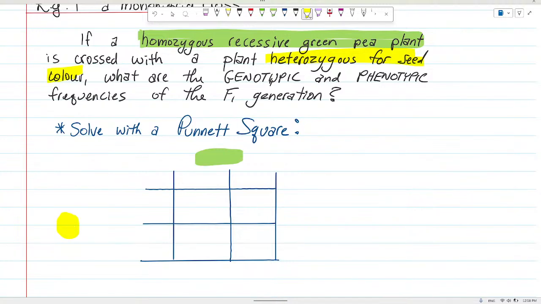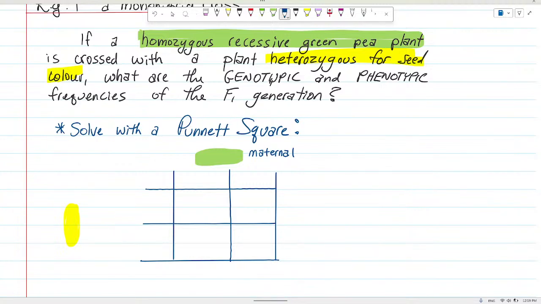And remember that the heterozygote is going to be yellow because, again, in this case, what's the dominant trait? Yellow seeds. So, by convention, we put the mother, i.e. the maternal case up here, and in this case, the maternal is homozygous recessive.